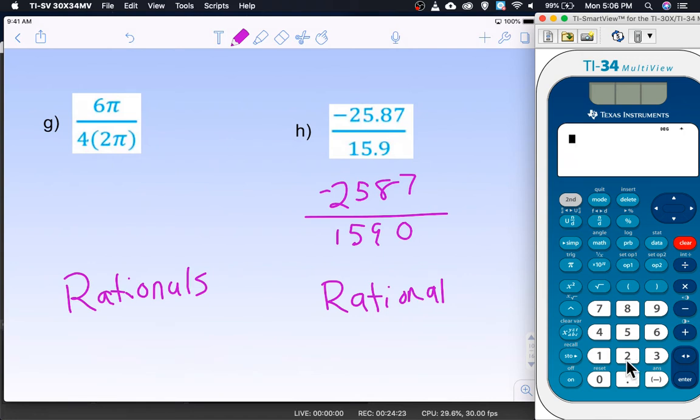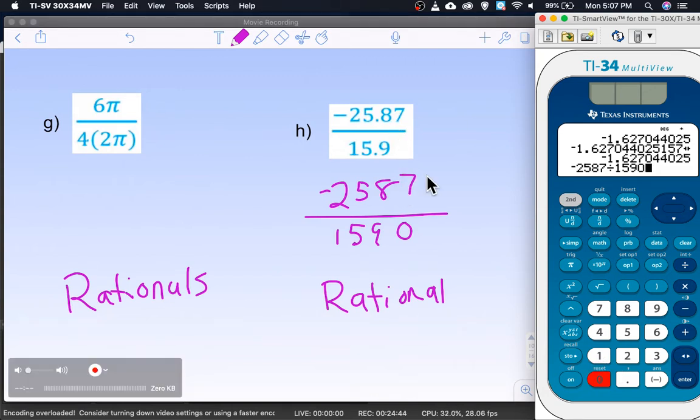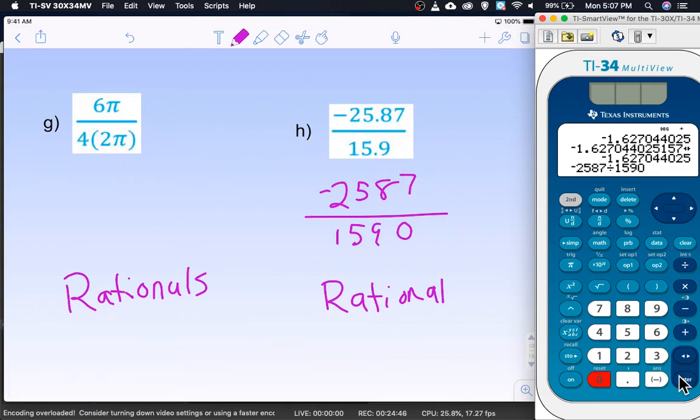Let me go back up. Can I? Okay, so here's what it is as a decimal. This negative 1.627. Now, if I do this, negative 2587 divided by 1590. I'm going to type this in and hit equals.